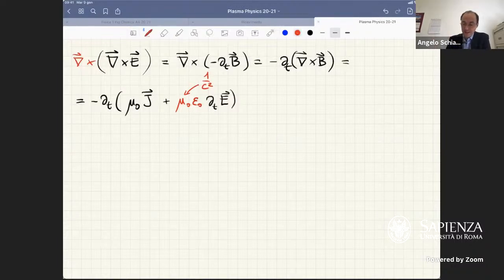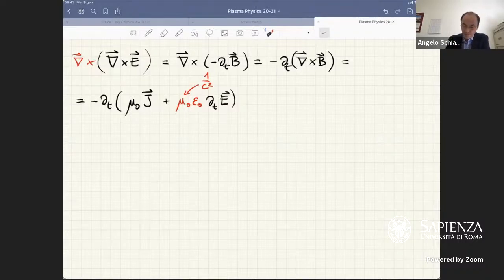So we'll see that actually this will lead us in vacuum to waves that are propagating without any dispersion at the speed of light. So we'll recover in the end the propagation of light in vacuum as a wave phenomenon.